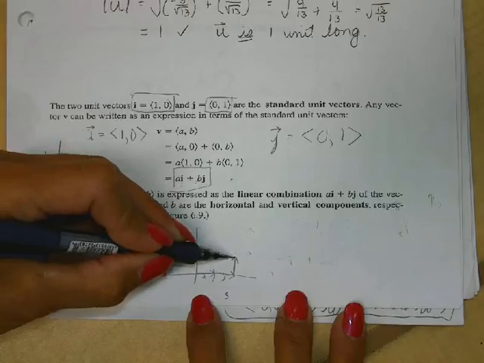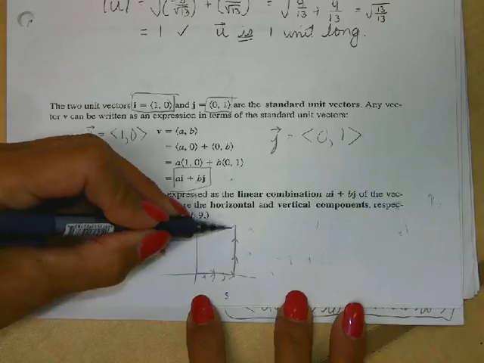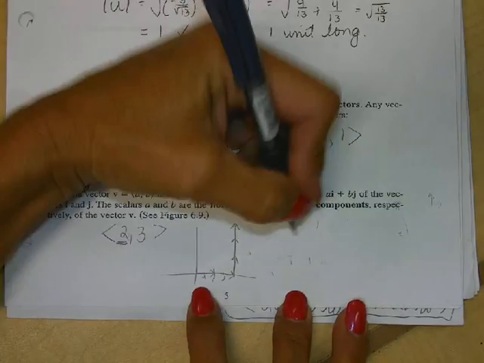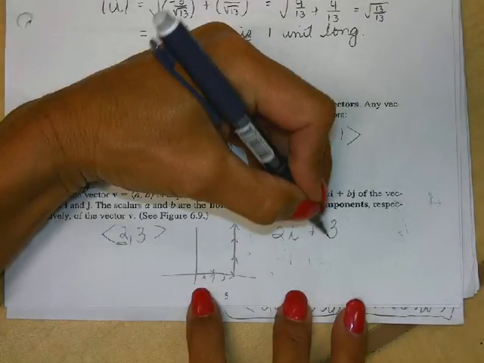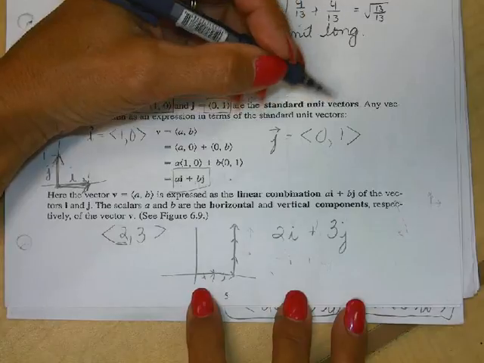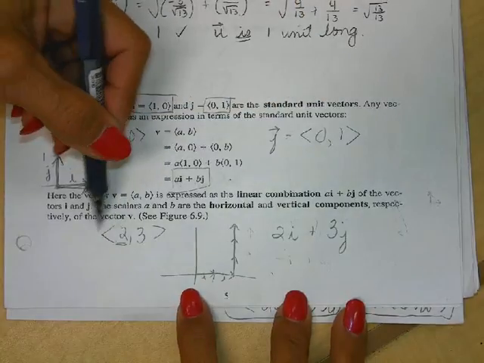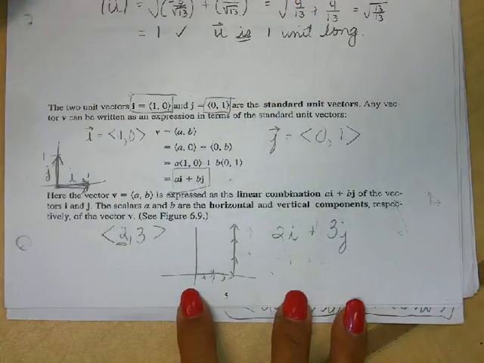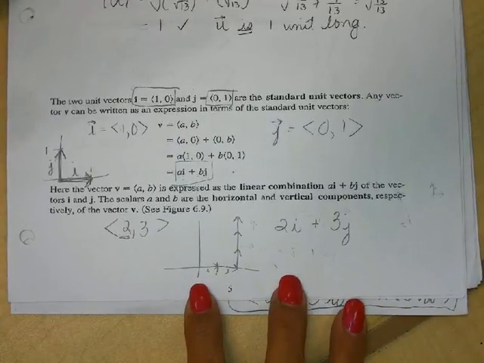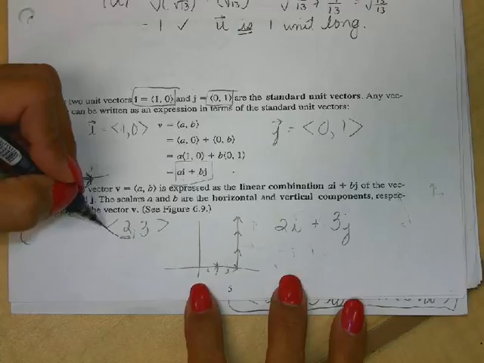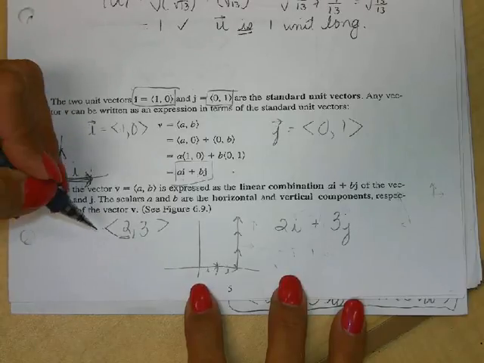And then I would need to move 3 up. There's a vector j, another vector j, another vector j. So if I take 2 i vectors plus 3 j vectors, I'll actually have the same vector as this component form. So it's just a matter of writing it in a little bit different notation.